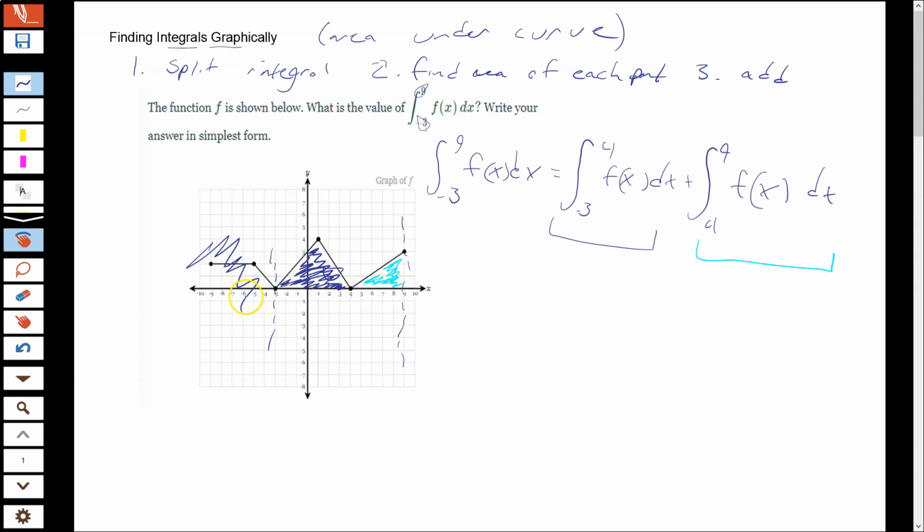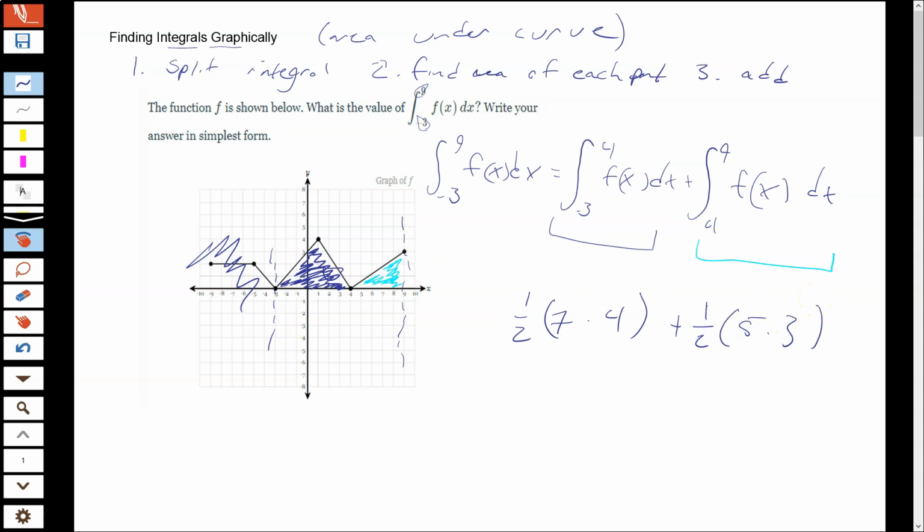So let's see. We have a base of -3 all the way to 4 is 7, times the height is 4 units, times 1/2, plus base of 5 units, height of 3 units, times 1/2.